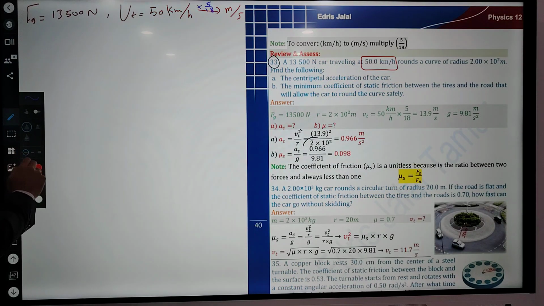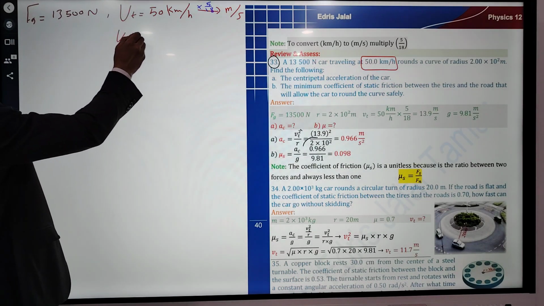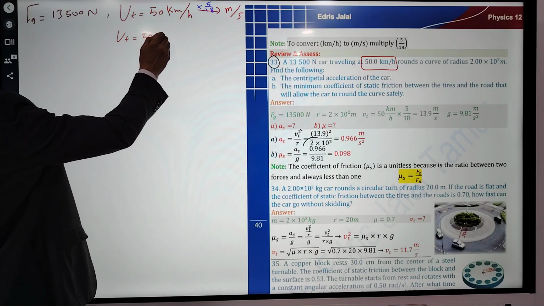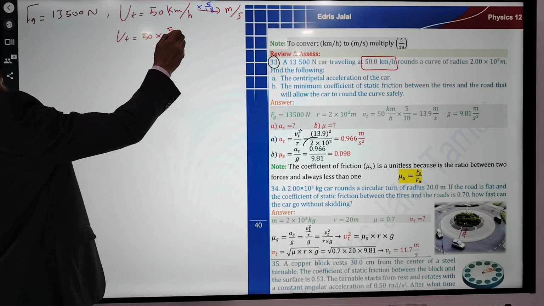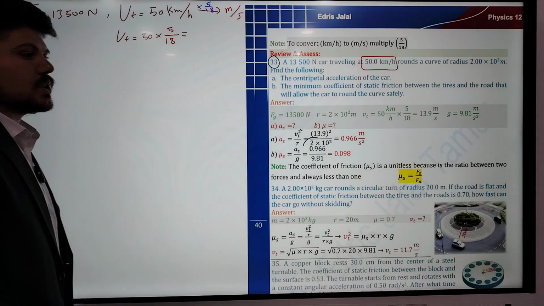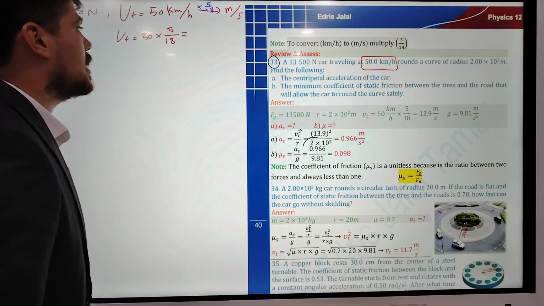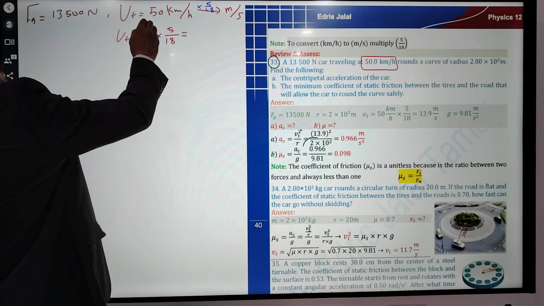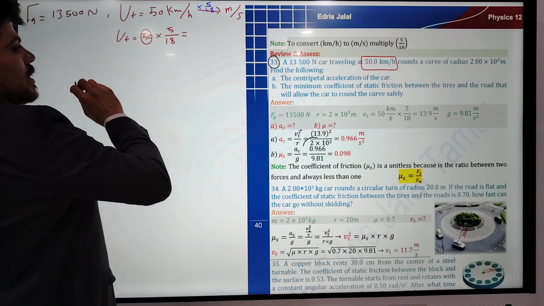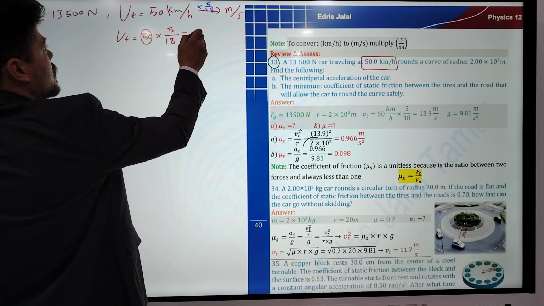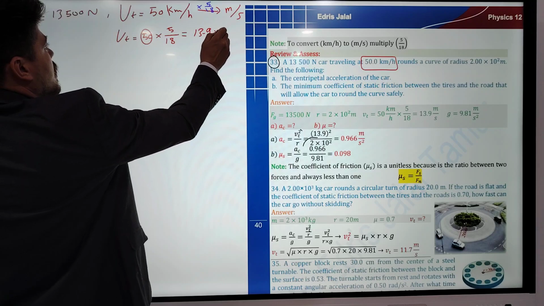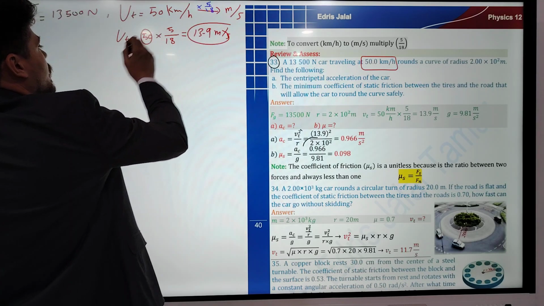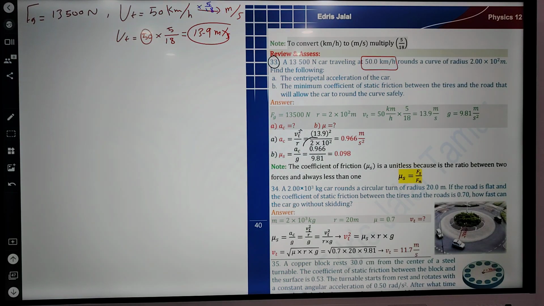So Vt is equal to 50 times 5/18. Always, to convert kilometer per hour to meter per second, you have to multiply the given value by 5/18, which is equal to 13.9 meter per second.